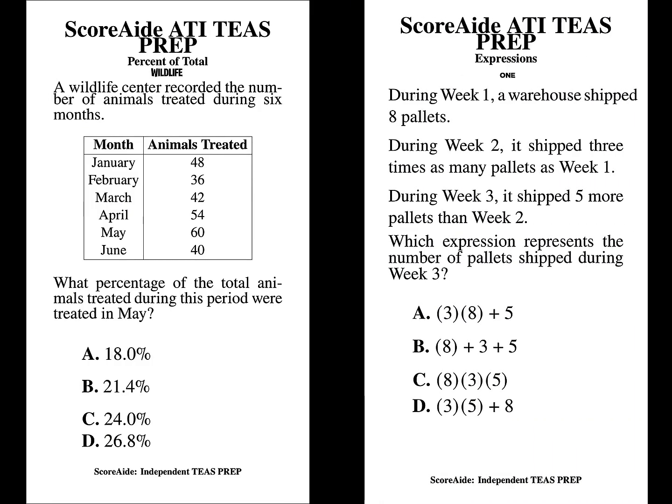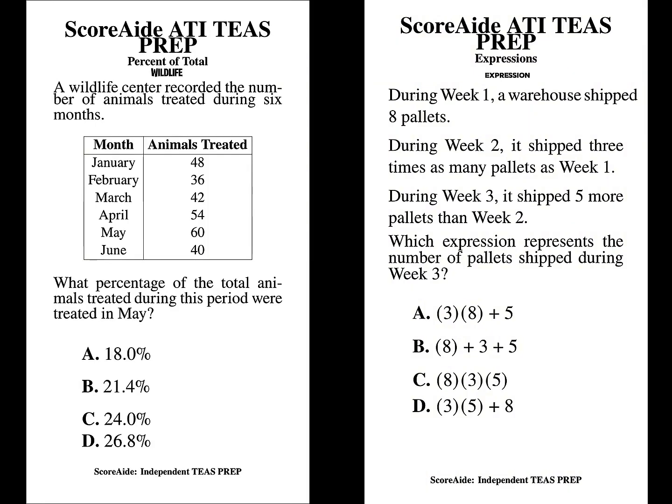During week 1, a warehouse shipped 8 pallets. During week 2, it shipped 3 times as many pallets as week 1. During week 3, it shipped 5 more pallets than week 2.